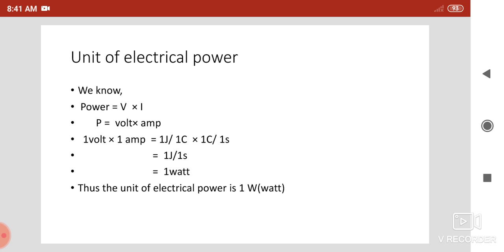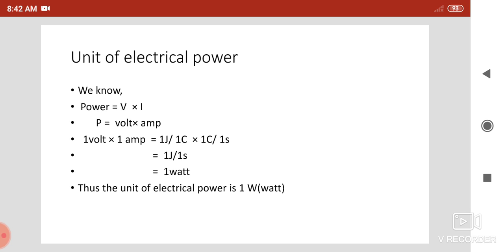Now this voltage is measured in volt and the current is measured in ampere. So if you take 1 volt multiplied by 1 ampere, 1 volt means 1 joule per 1 coulomb, that is the definition of 1 volt, and 1 ampere means 1 coulomb upon 1 second.